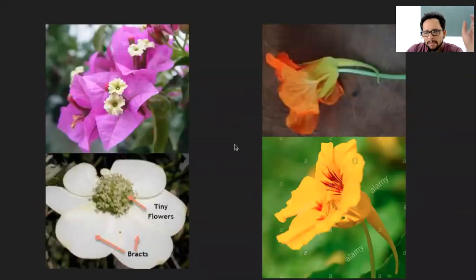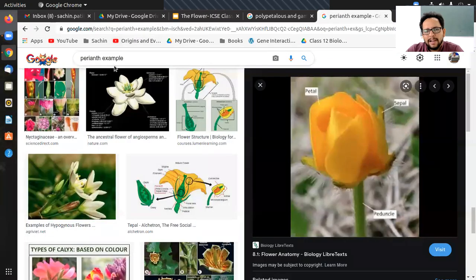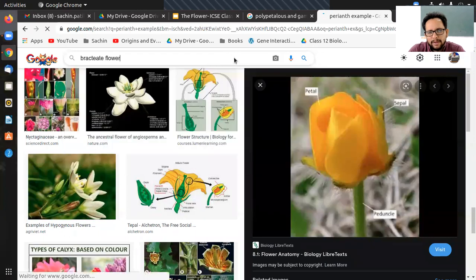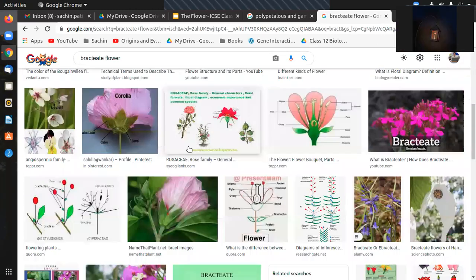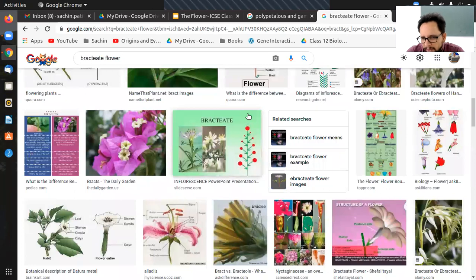A bract is a very common example you would have seen for sure. Again, I have forgotten to put a picture. The bracteate flower, I should put it. These flowers are not so commonly found around.